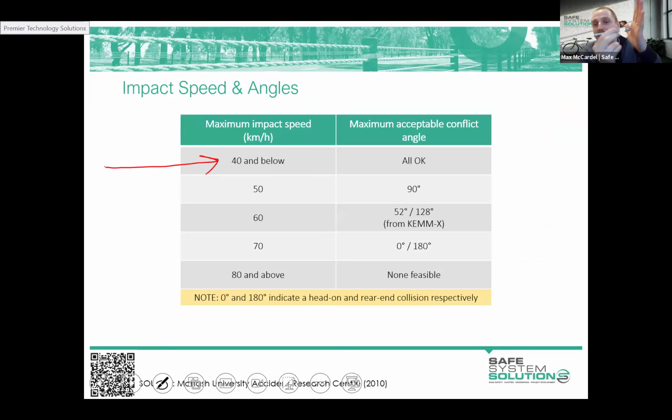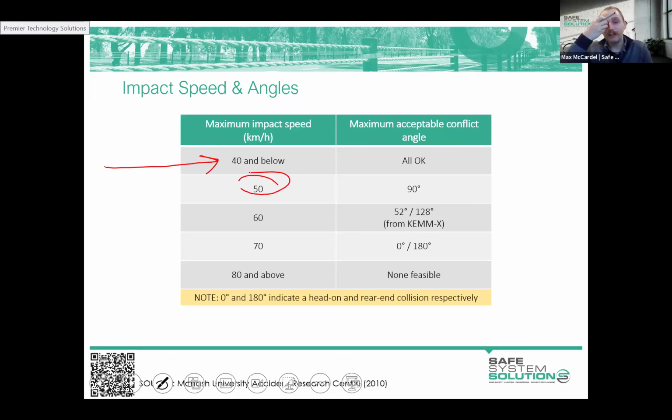So even if you're coming at 90 degrees, which is the worst, it's likely to be survivable. Some people may actually not survive that, depending on their health and age and demographic and things like that. But this is what their research concluded.